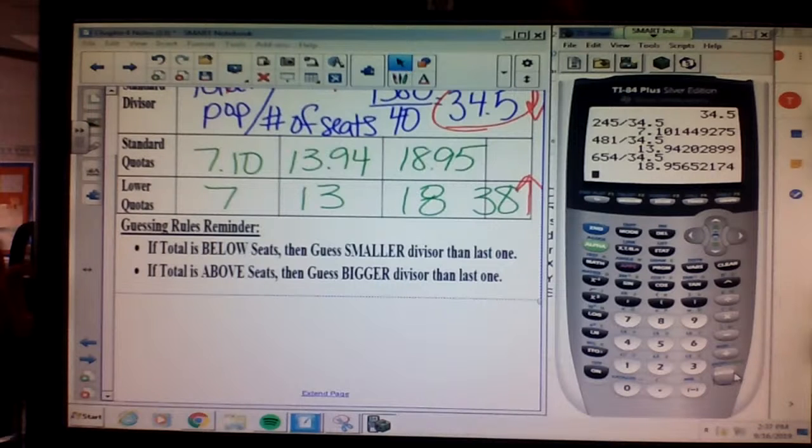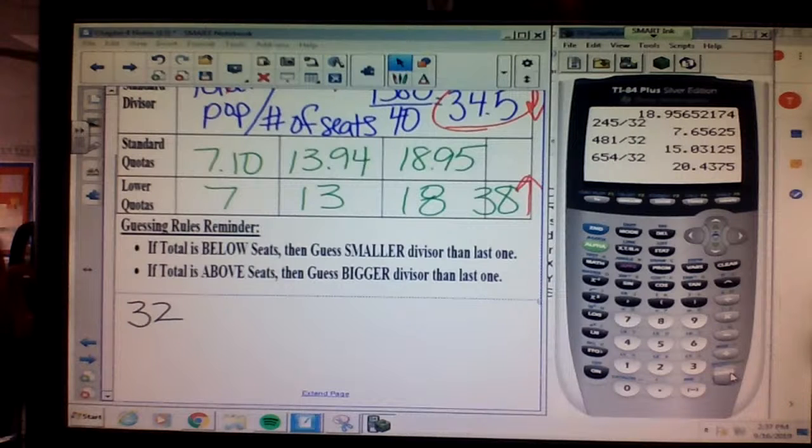You said 32? Okay, so Sienna says, let's try 32. So now I have to divide each one of these by 32. 245 divided by 32. I need to do 481 divided by 32. I need to do 654 divided by 32. Okay, we no longer need the decimals.